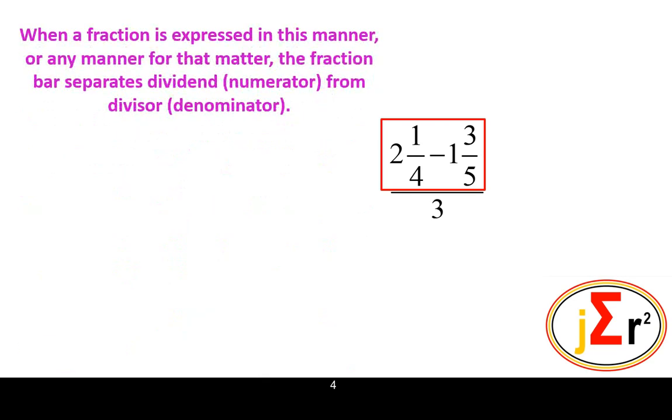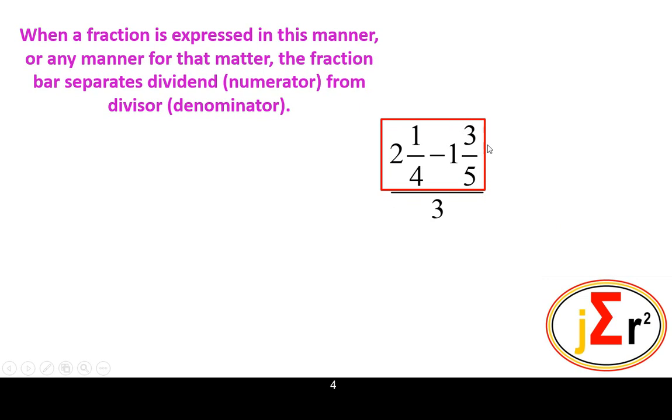When a fraction is expressed in this manner, or any manner for that matter, the fraction bar separates the dividend, which is the numerator, from the divisor, which is actually the denominator. So if you have a large fraction bar here, it means that the entire numerator is the dividend and this is the divisor.